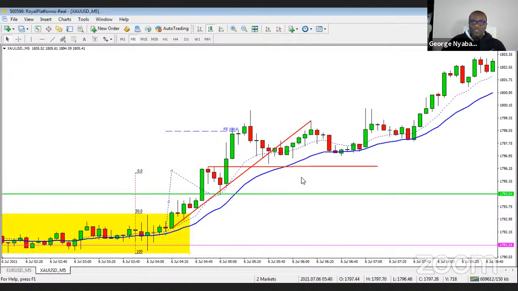They may not close beneath the 20 EMA. So the bulls are still in control, but I'm not taking the trade. I'm just saying, okay, that's a good sign. Let me see if I get another opportunity to go into this trade line. So you observe that, okay, you don't take that trade.